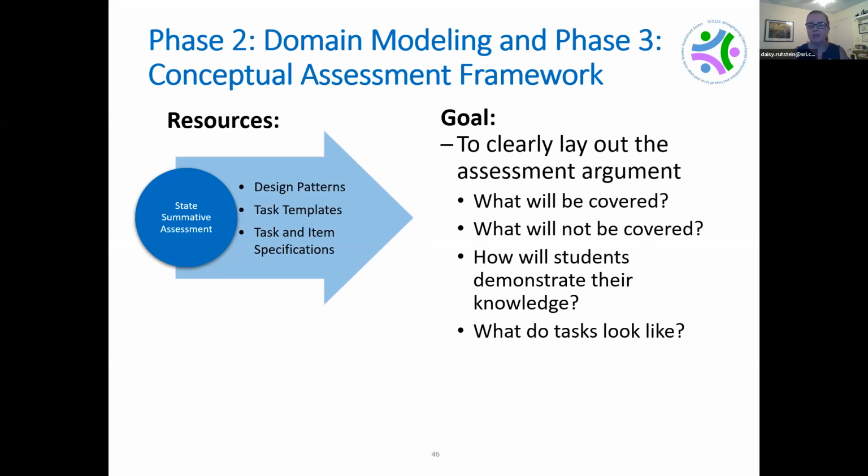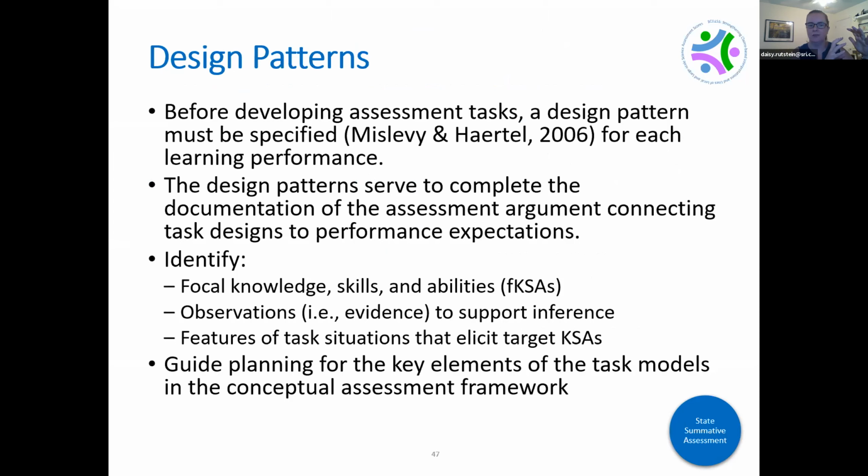The design pattern is based on work that Mislevy and Haertel and others have done. It really focuses on identifying the focal knowledge, skills, and abilities or attributes, the FKSAs, that I want to cover. What's that evidence? What's the observation I'm going to make? Here you're listing out the potential observations that you can have.